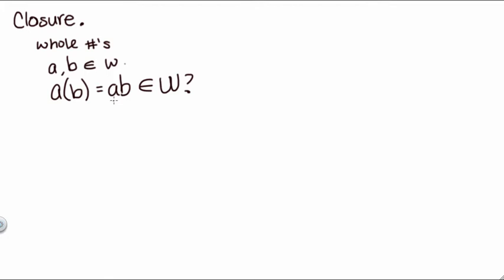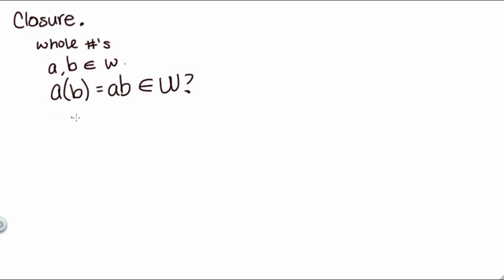In order to invalidate this, you would have to find a counterexample, which doesn't exist. And normally in class I would do the discussions and try to come up with examples, but since we don't have that interaction, it'll be a little front-loaded with information. So the closure property does hold for multiplication of whole numbers.